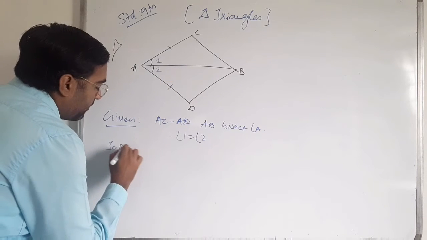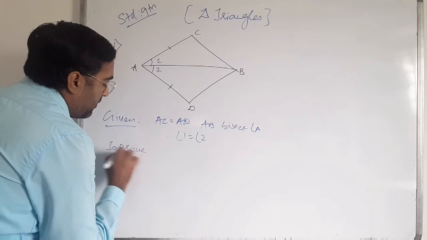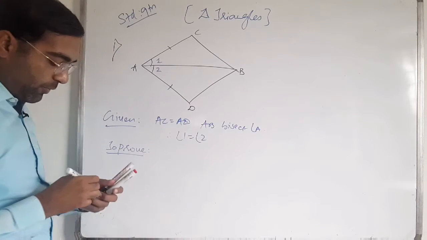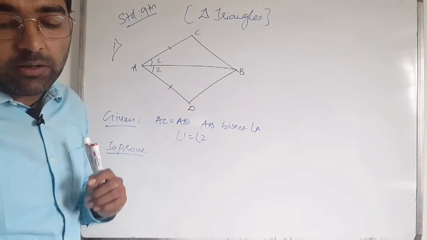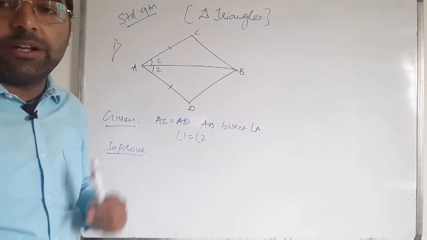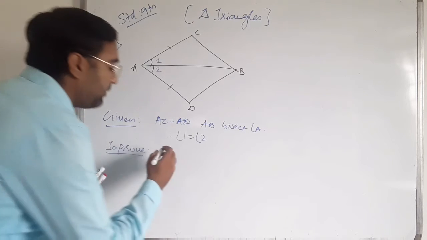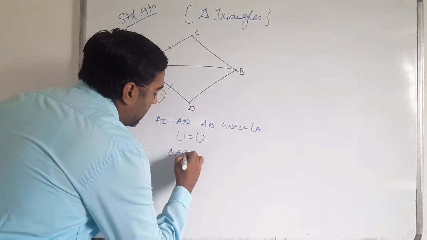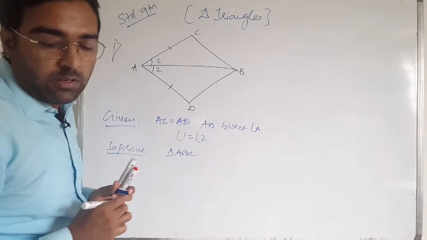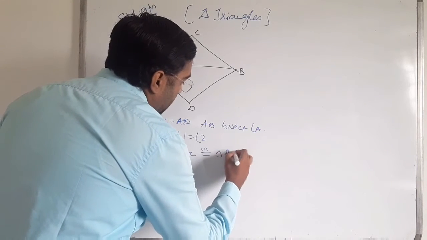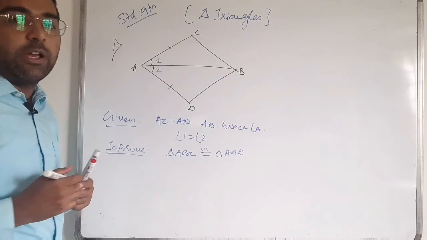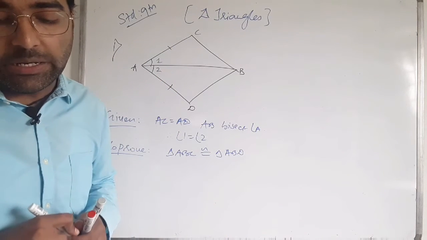To prove, what do we need to prove? Show that triangle ABC is congruent to triangle ABD. We need to prove that ABC is congruent to ABD.